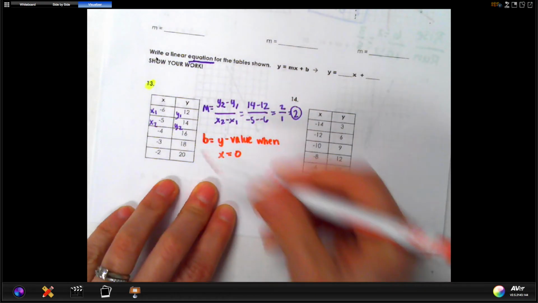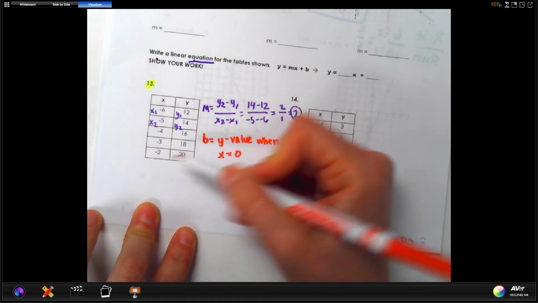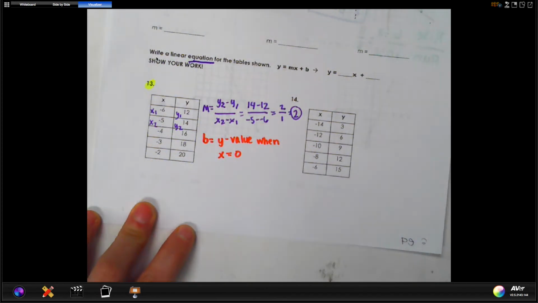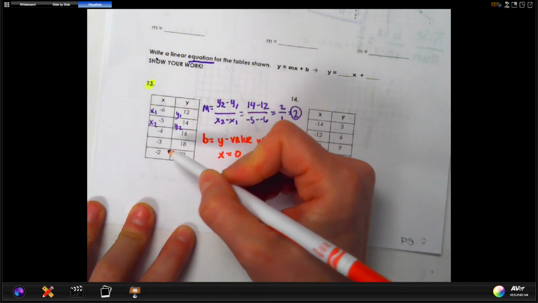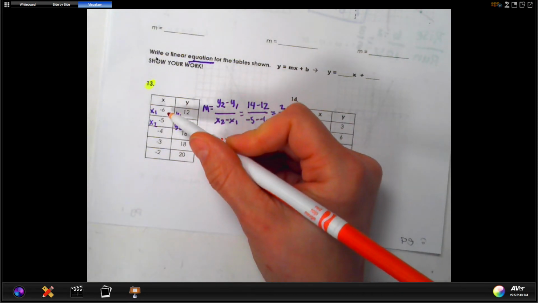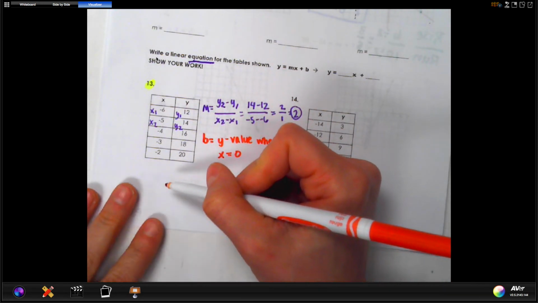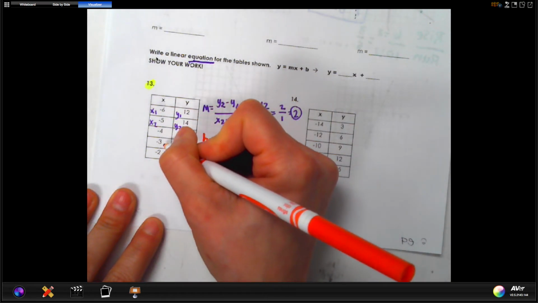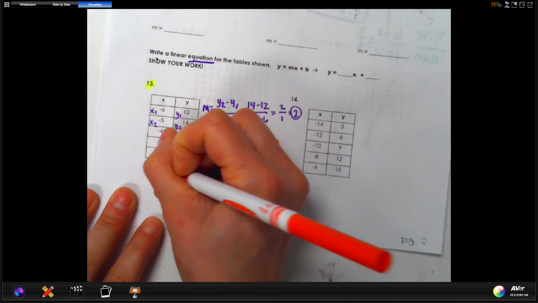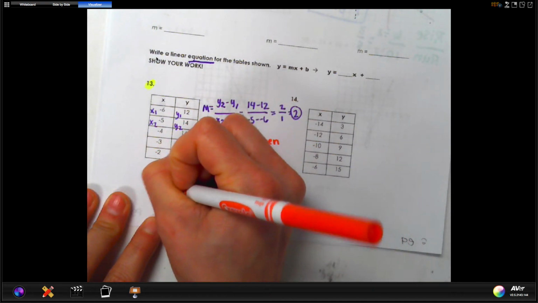Okay, so you look in your x values and try to find a 0. Now, in this case, there is no 0 available. So we have to make our table keep going until we get to 0. So, negative 6, negative 5, negative 4, negative 3, negative 2, negative 1, and then 0 would be next.